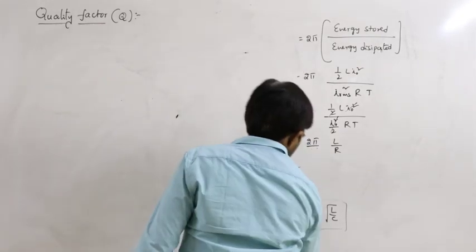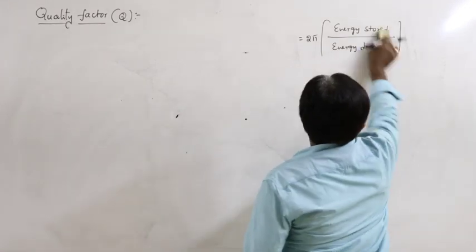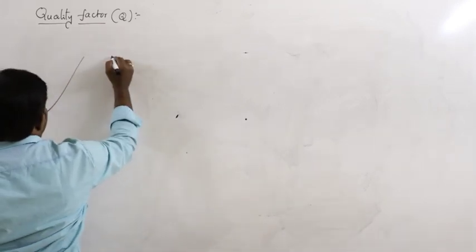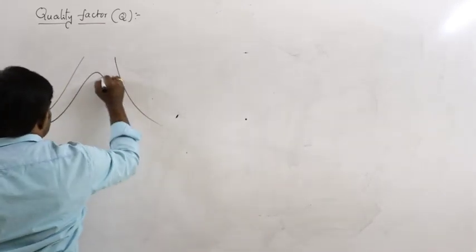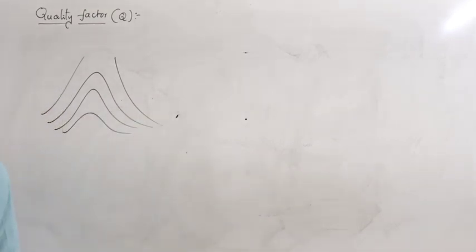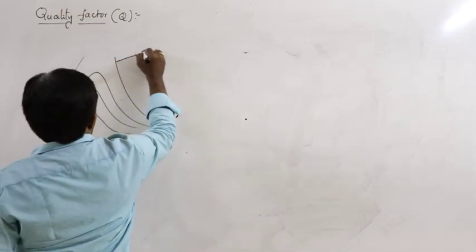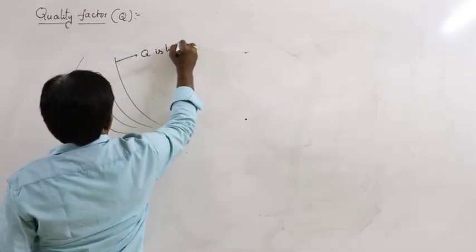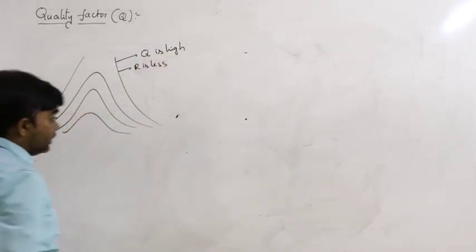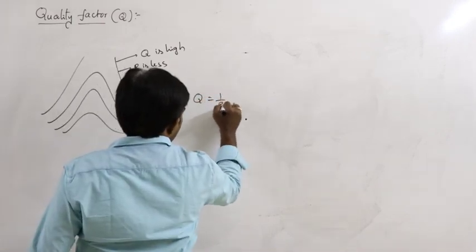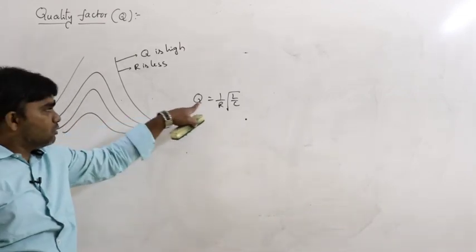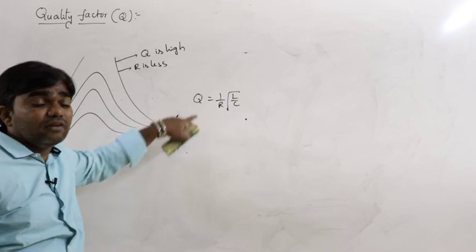Next, if you draw the graph for this, if the sharpness is more, the quality factor is high, that means R is less, because the quality factor formula is Q is equal to 1 by R root L by C. Quality factor is inversely proportional to R. If the resistance is more, the quality factor is less, that means the sharpness of the curve is less.